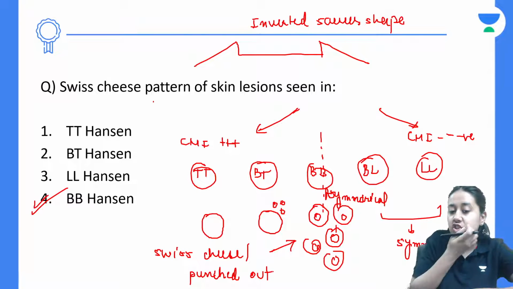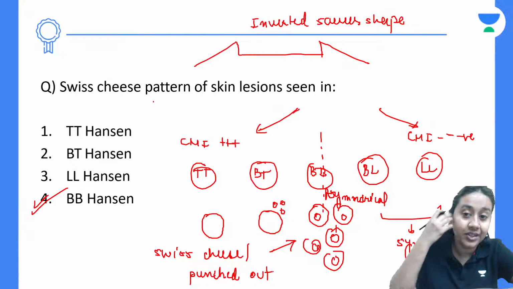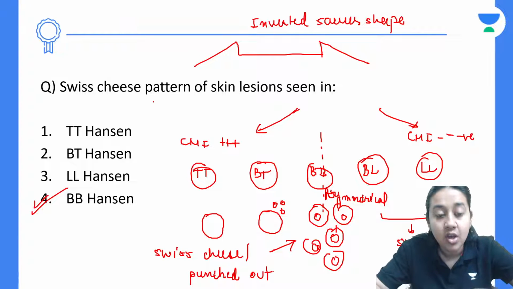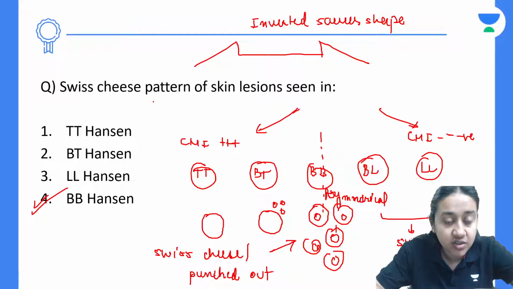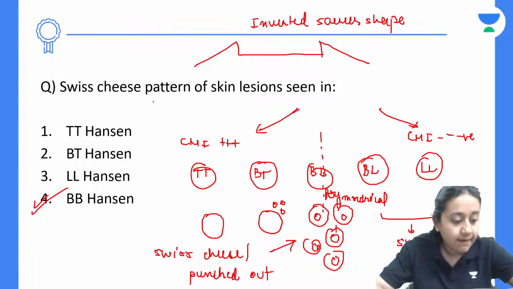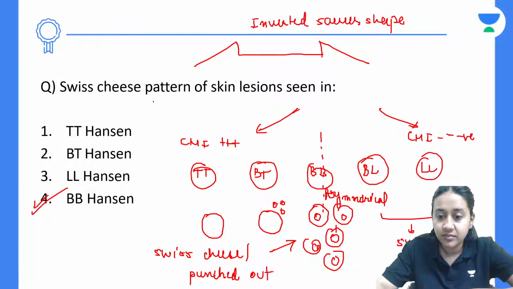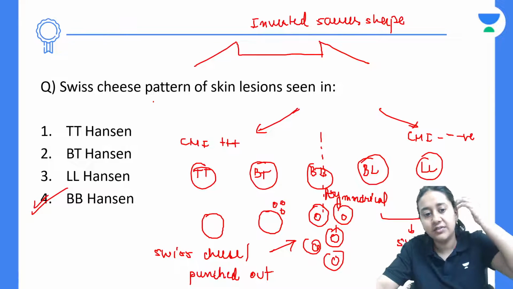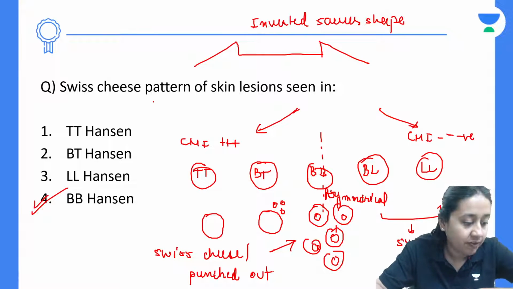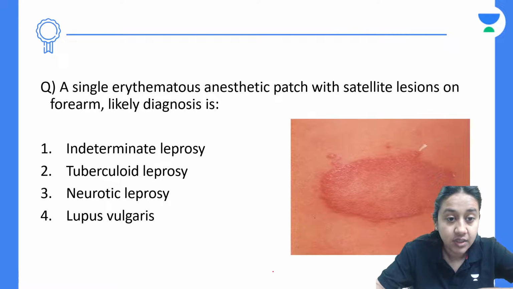Okay, so Swiss cheese, punched out, or inverted saucer shape appearance. All these are the features. Clear, all of you? I hope this is clear. Amazing. So the correct answer of this question becomes the BB type of Hansen, option number 4.